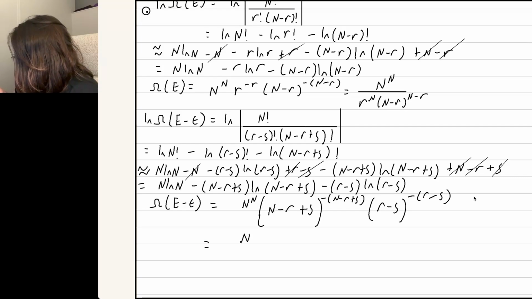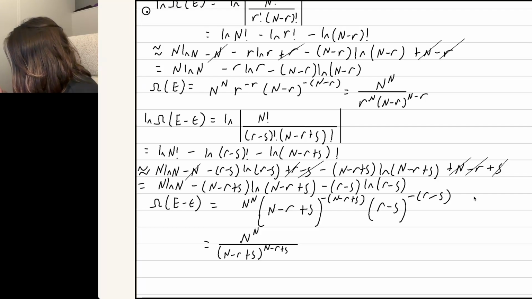And then I'm going to put that in a fraction. It's going to look like n to the n divided by n minus r plus s to the n minus r plus s, r minus s to the r minus s. All right.